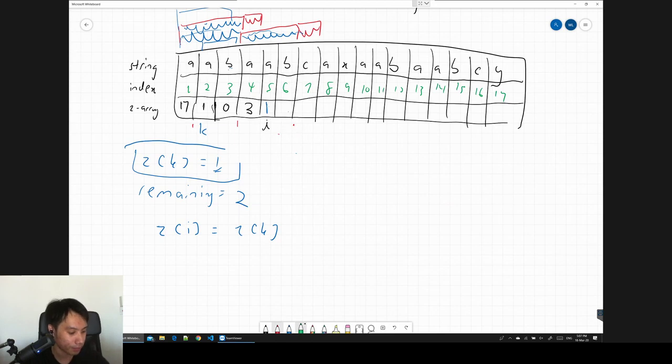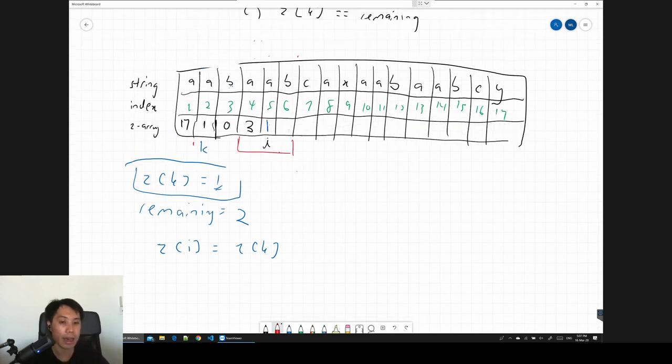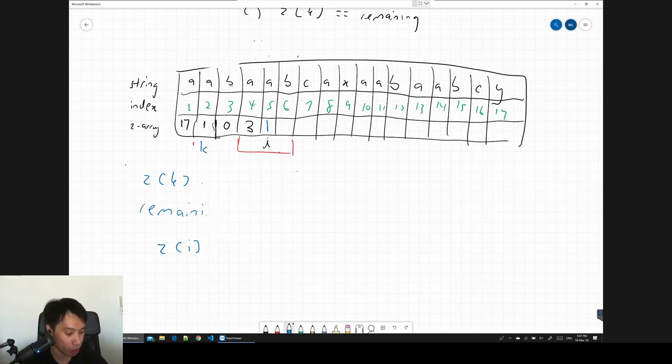Okay. And let me just erase the part above again. Okay. And my new number is 1. For a number of 1, my 1 is here less than my remaining, so my Z box doesn't change.